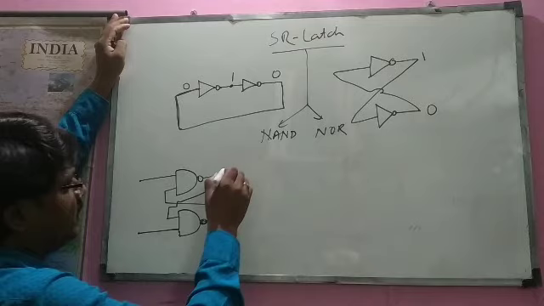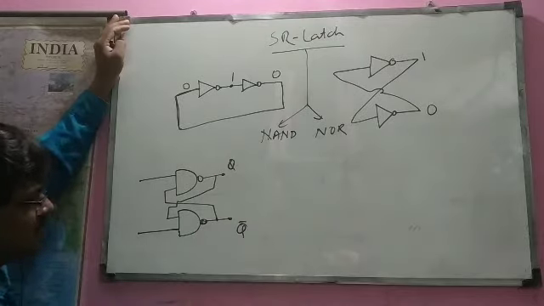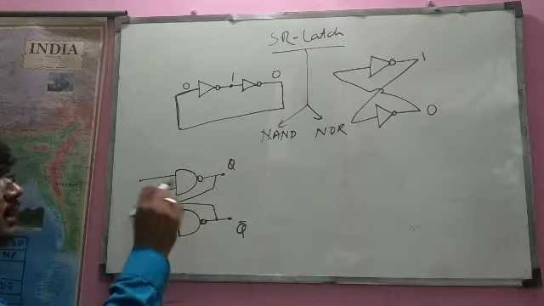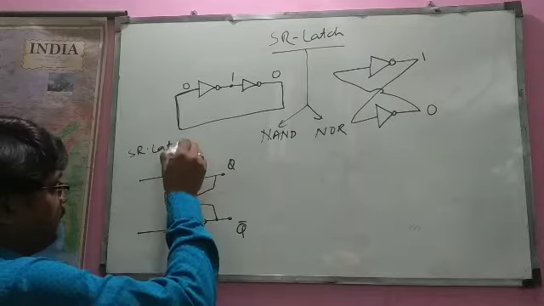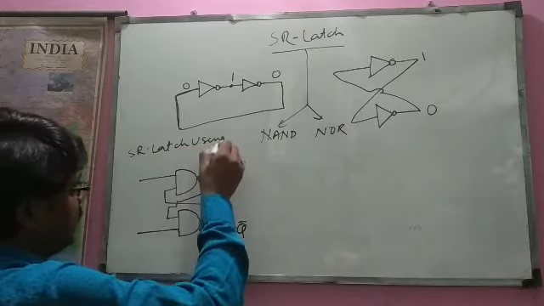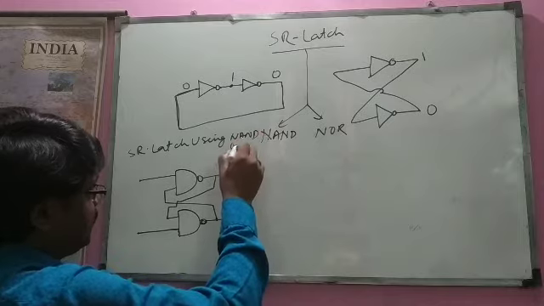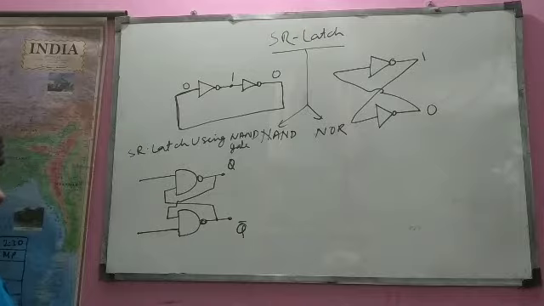Let us suppose this is Q, and this is Q bar. So this is the SR latch using NAND.